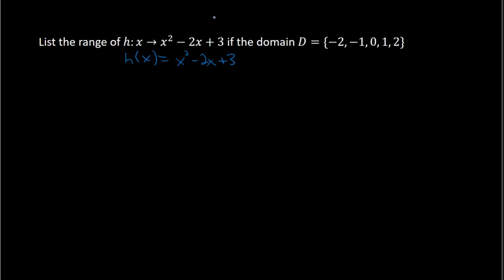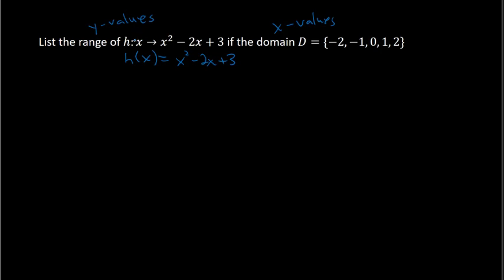So this is function notation, and above is arrow notation. I want to use this domain, -2, -1, 0, 1, and 2, and plug these numbers in place of x and figure out what I get back out. Because the domain, by definition, are x values, and range, by definition, would be your y values, or what you get back out.